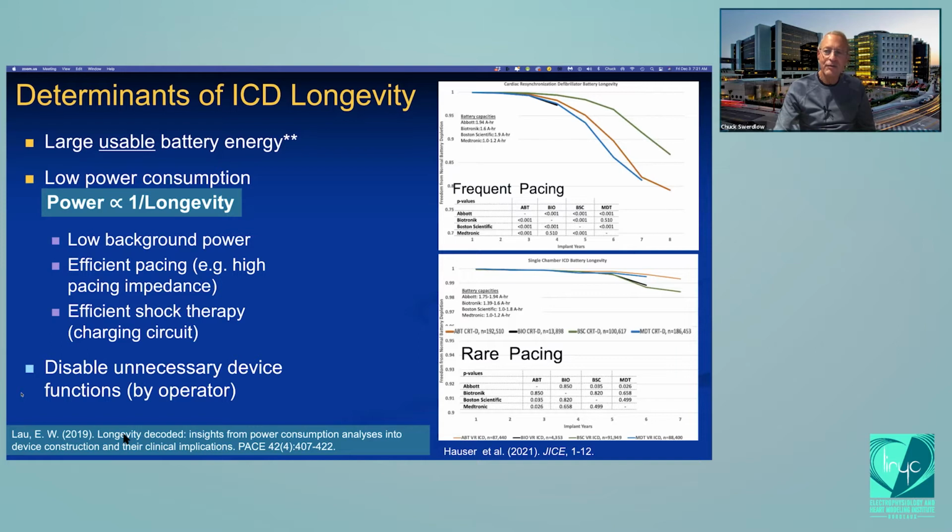Ernest Lau figured out how to hack, based on published data, the actual power consumptions of each company's devices, and showed you how to actually calculate how long they're going to last if you increase your pacing outputs or do various maneuvers. And it's simply amazing that he could do this, and he just did a brilliant job of it.